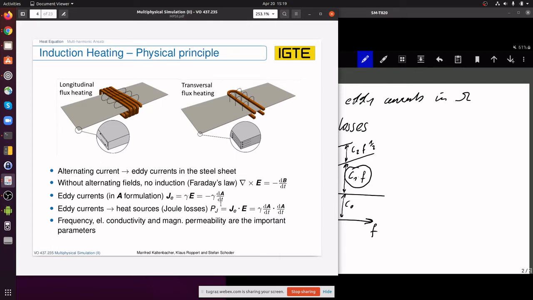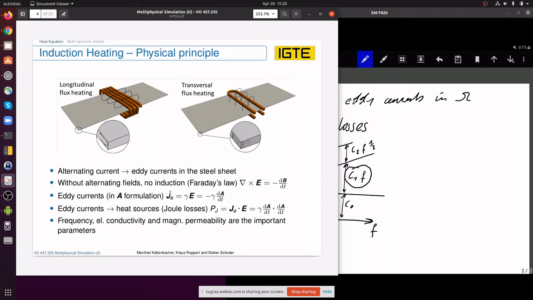Yeah, and especially for very high temperatures, if you want to heat up these objects to temperatures close to the Curie point or even over the Curie point, the solution dependency of the electric conductivity and also the temperature dependent magnetic permeability play an important role.